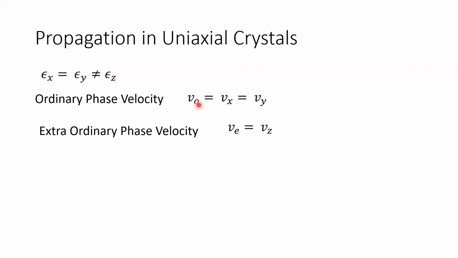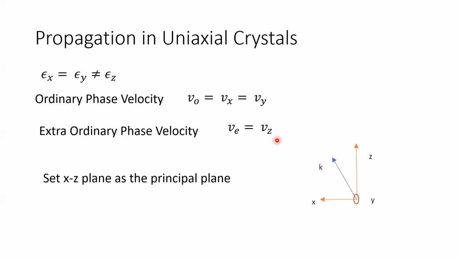This is o, not zero: o for ordinary, and e is then the Vz. These are the basic definitions. Now what we do is the following. We have picked the z-axis along the optic axis. That is fixed because we're dealing with a particular coordinate system which is already aligned with the principal axes.